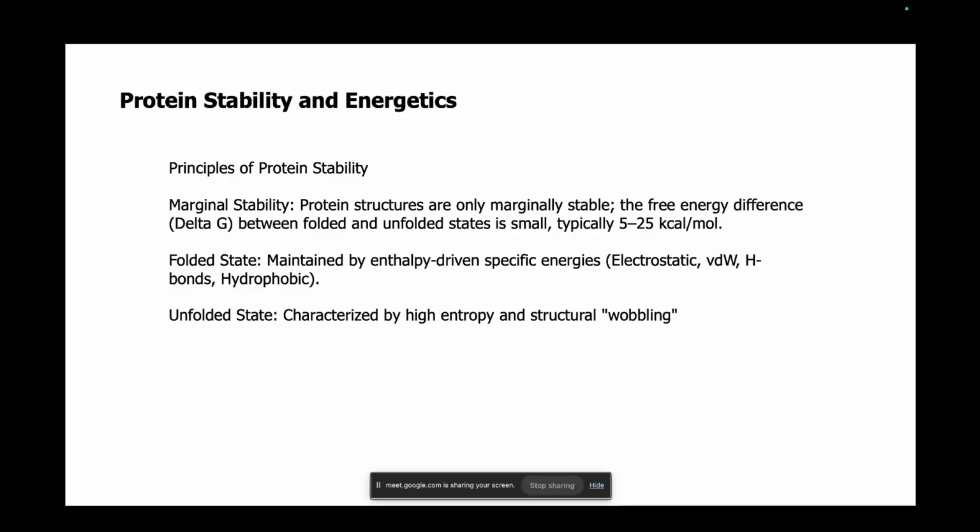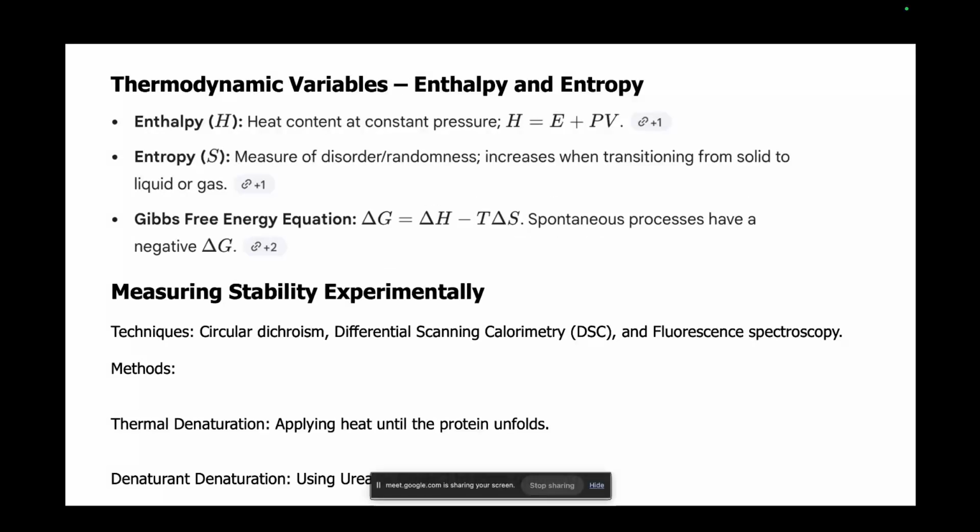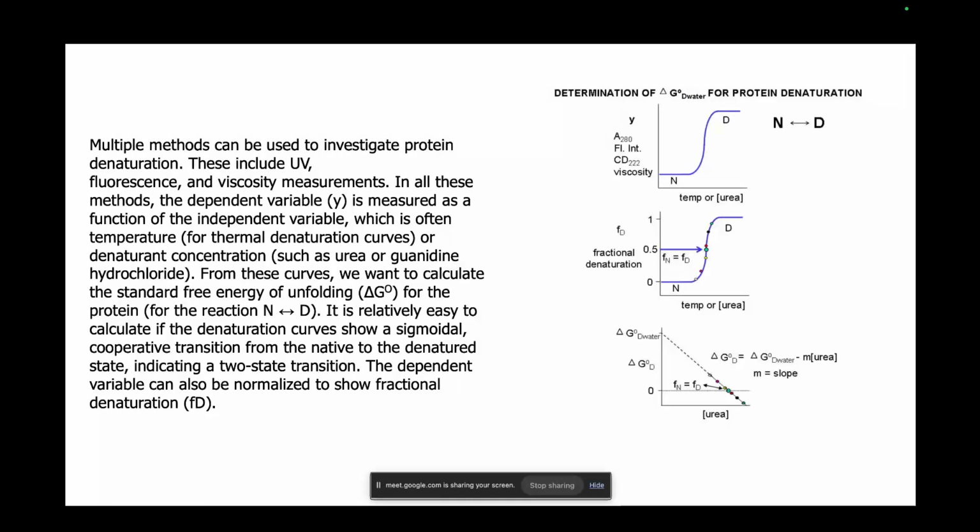We have electrostatic, van der Waals, hydrogen bonding, hydrophobic interactions, and so on. So these are your enthalpy and entropy measures. Then you have different types of delta G plots. If you go from denatured to folded state, the delta G is going to be negative, and if you move the other way around, it is positive.